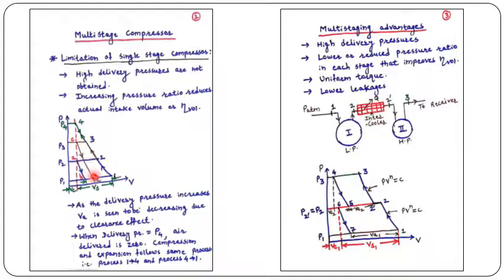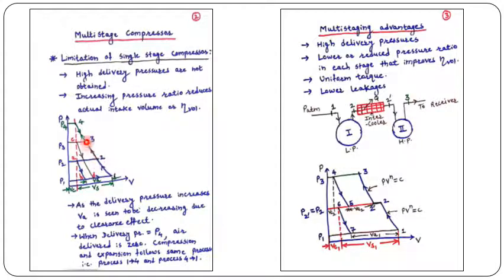So, again during suction it will expand, but the expansion will occupy more volume because in the clearance you have air which is at higher pressure. So, it will occupy more volume, and suction will start only when the pressure inside the cylinder falls below the atmospheric pressure.